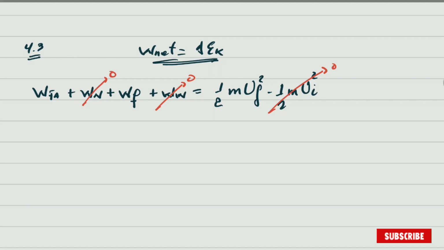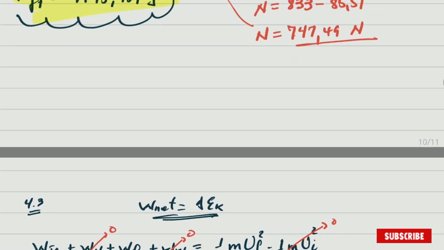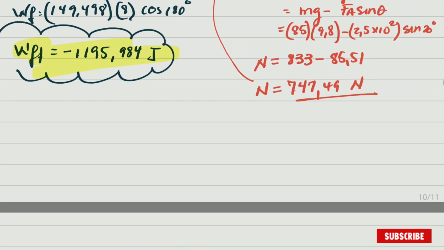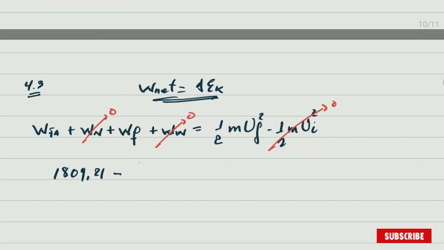1804.21. So here we have 1804.21 minus, because the work done by friction is negative, and it is just here 1195.984, and that is the number we are going to substitute here.